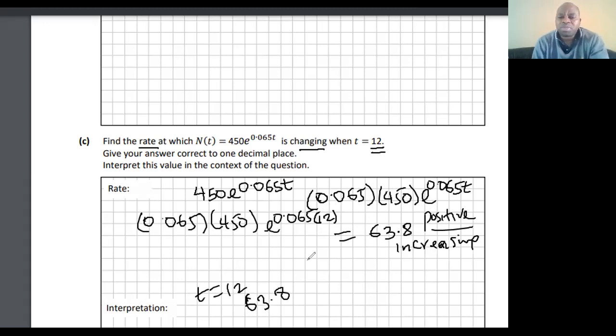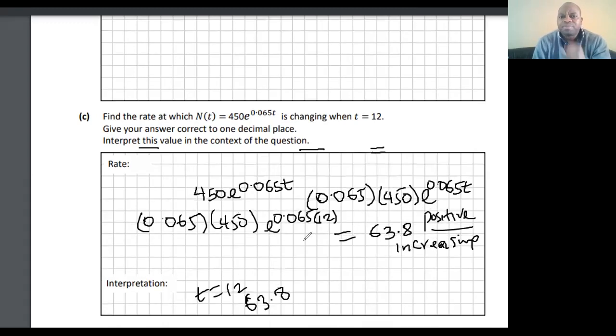So that is your interpretation. When your time is at 12 hours, this thing is growing at 63.8. So rate of change, you differentiate, and then you sub in your t to be 12. Your interpretation is, it's increasing at this rate by 63.8 per hour.